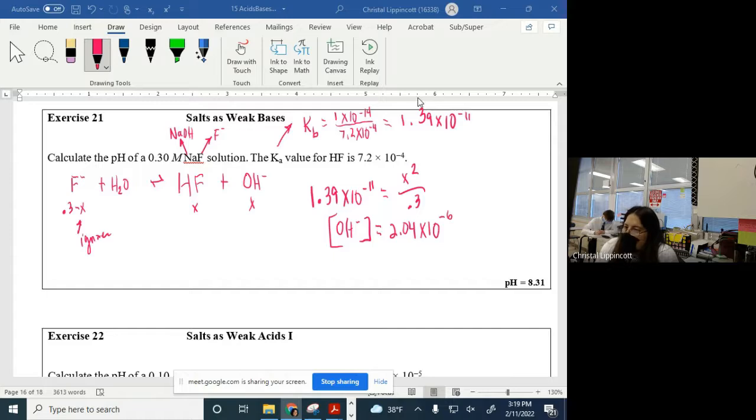Negative log. So if I take the negative log of 2.04 times 10 to the negative 6, that's going to give me my pOH. Negative log is a lot faster than the other way. So this is 5.69, and if I subtract that from 14, that is my answer.